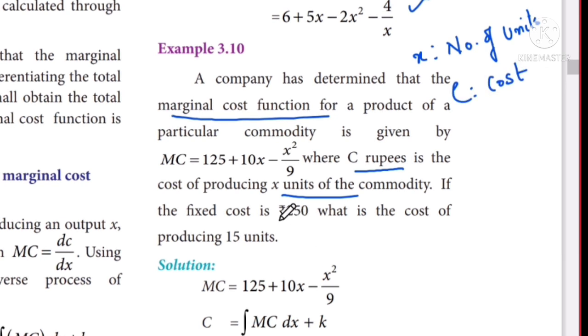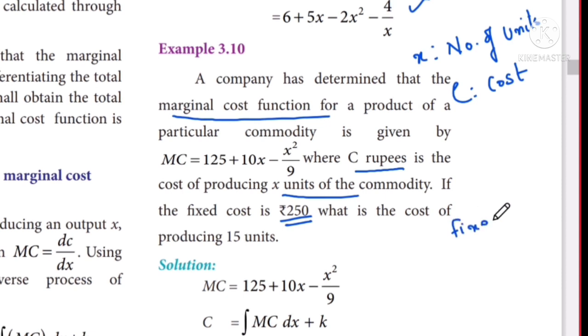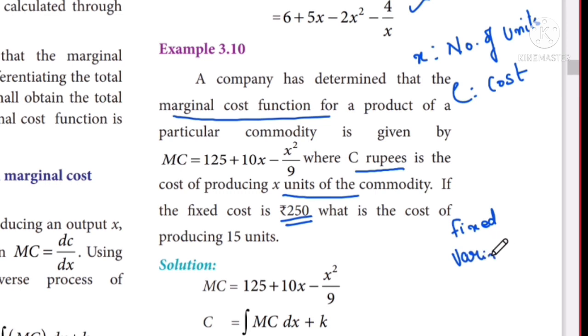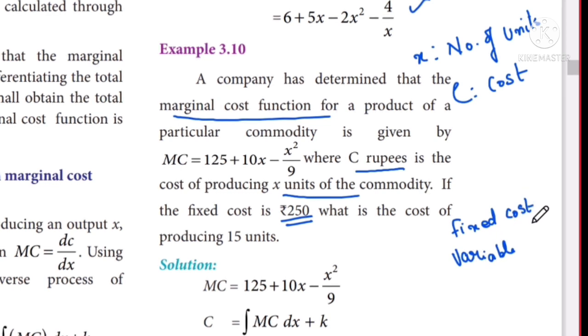If the fixed cost, what is fixed cost? Fixed cost is something that is not depending on the number of outputs. There are two types of cost. What are they? Fixed cost and variable cost. What do you mean by fixed cost and what do you mean by variable cost?